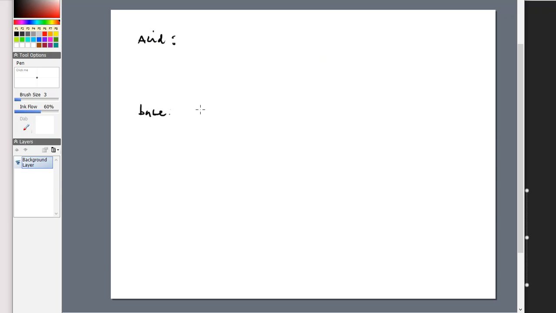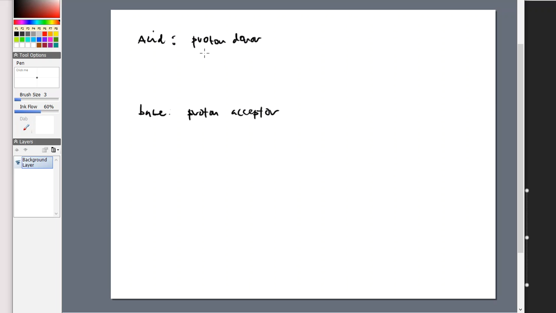The one that we would like you to know right now: the term acid is basically something that we call a proton donor. And the term for base we would like you to know at this point is a proton acceptor. I'm not going to go into the theory of which definition I've just provided. That's for a general chemistry class. So, a proton donor and a proton acceptor.